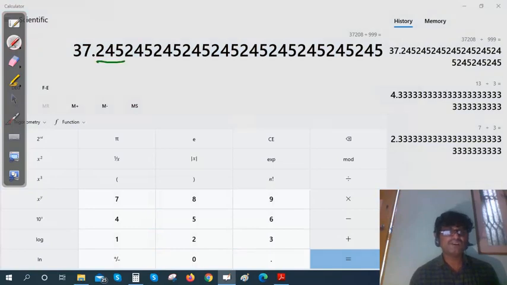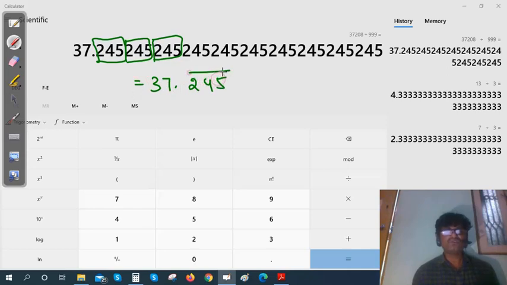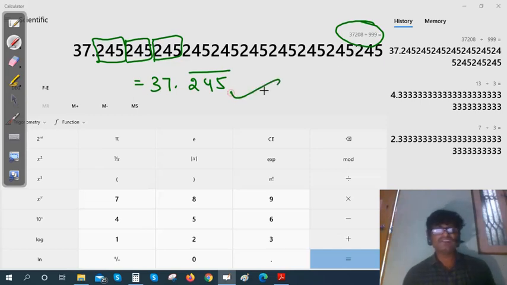You see here 245, this block of digits is getting repeated. So you can write this as 37.245 with 245 under the bar. This is how to convert a non-terminating repeating decimal into fractional form by the shortcut method.